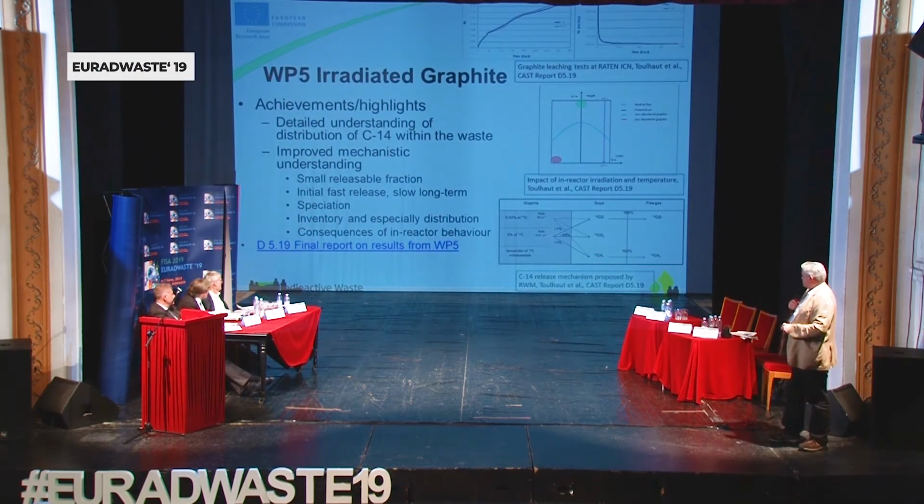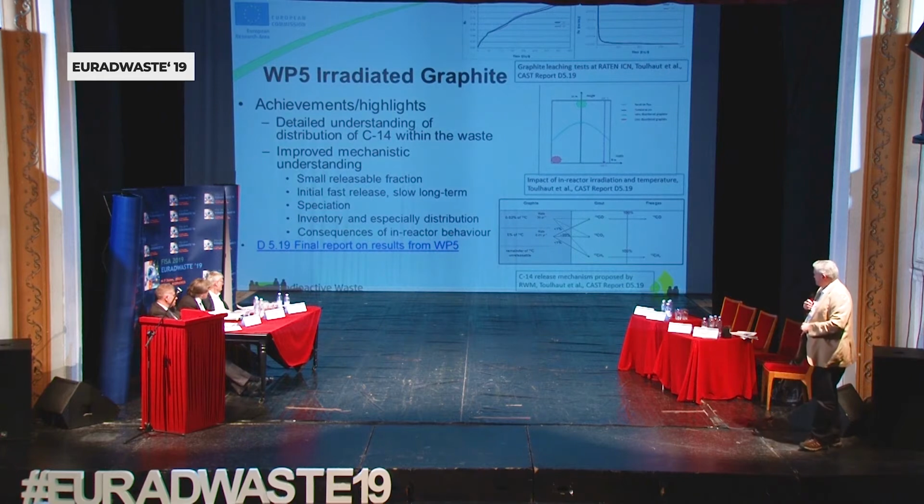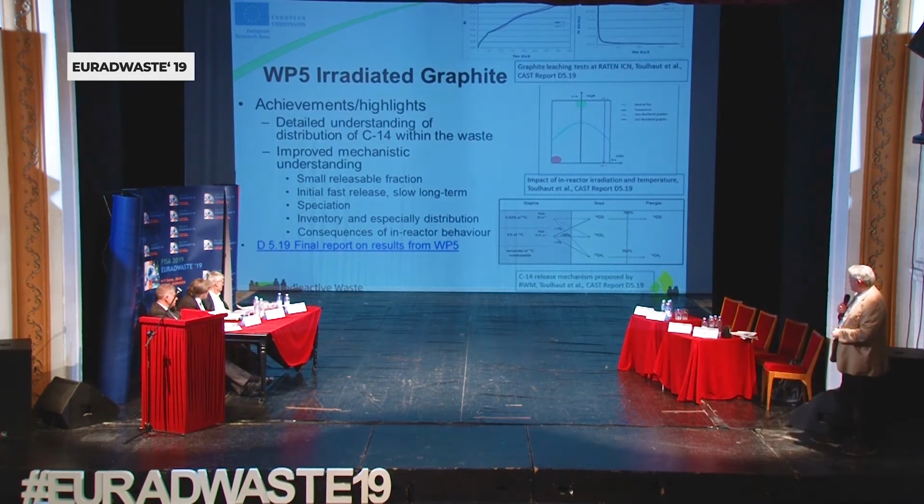So some of the highlights. We've got a detailed understanding of the distribution of carbon-14 within the waste. We have an improved mechanistic understanding of how the carbon-14 is released from graphite. So it indicates a small releasable fraction of carbon-14, with the majority of it, probably somewhere in excess of 95% of the carbon-14, actually being intrinsically bound and fairly much unreleasable.